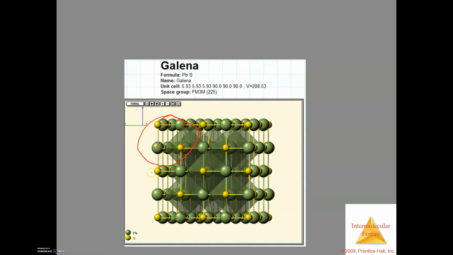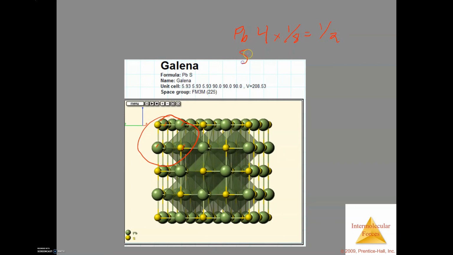We have 8 corners, and there's nothing in the middle, nothing on the edge, and nothing on the face. So all of our atoms are found on the corners. Looking at Pb, there are 4 corners, and each corner is worth an eighth. So that's going to give me 1/2 for my Pb.